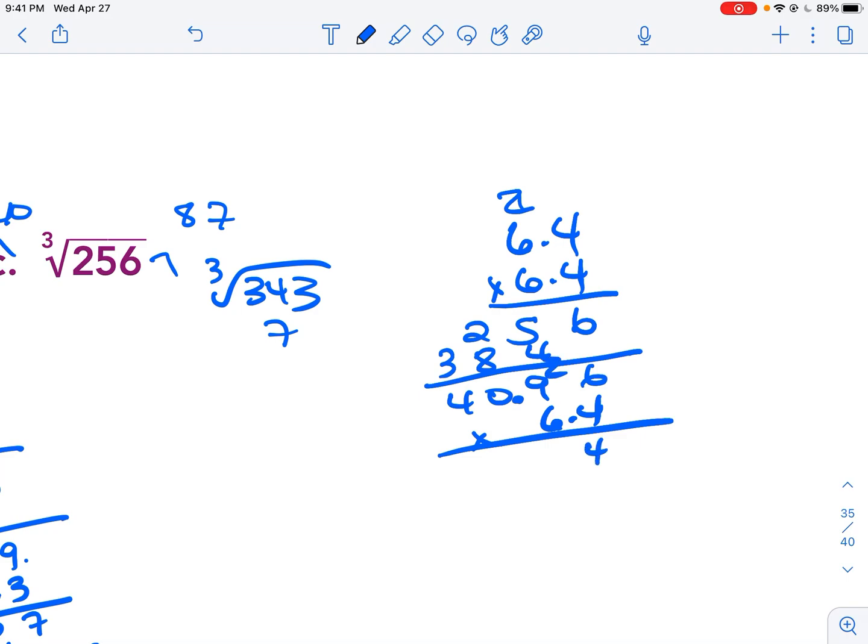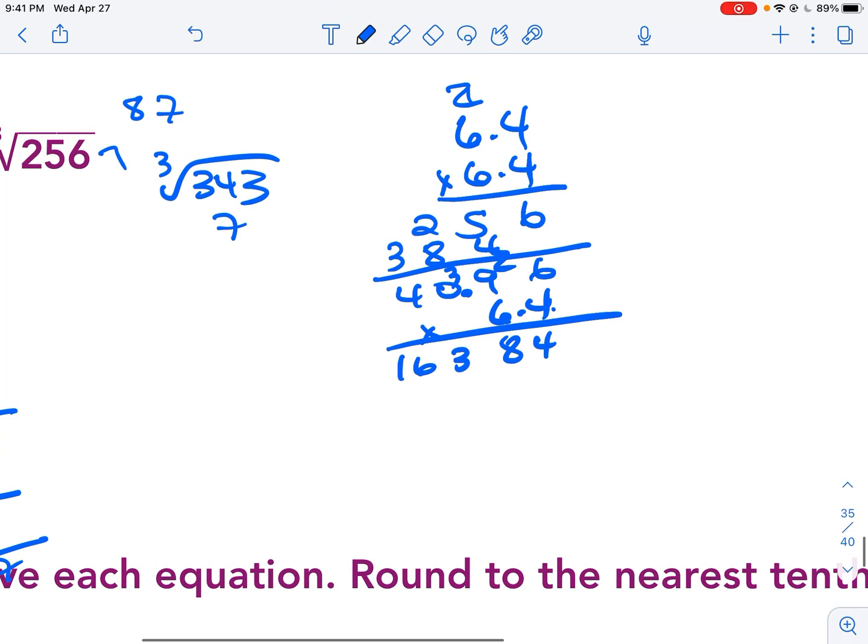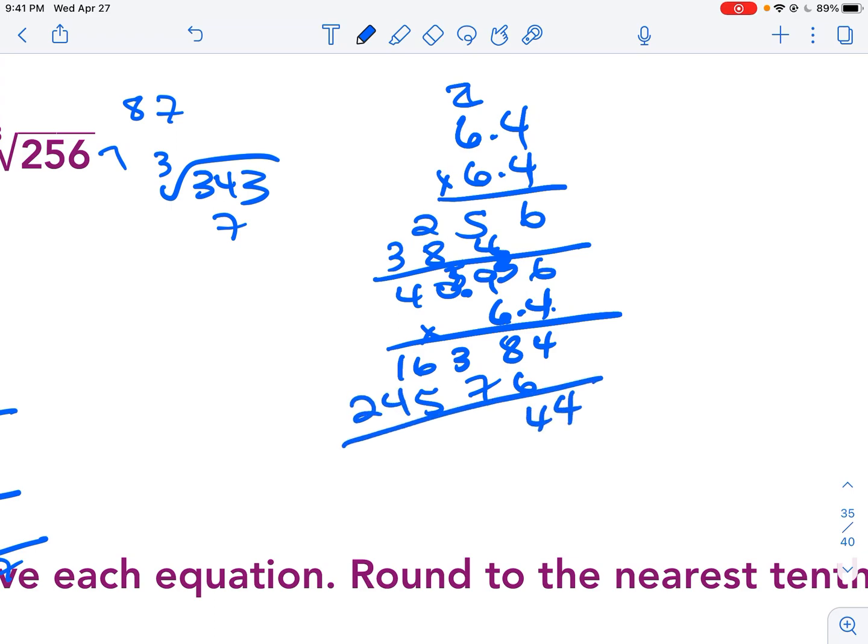That'll get 24. That's 36, so 38. That's 16. Multiply by 6, that gets me 36. That's 54 plus 3, 57. And that's 24.